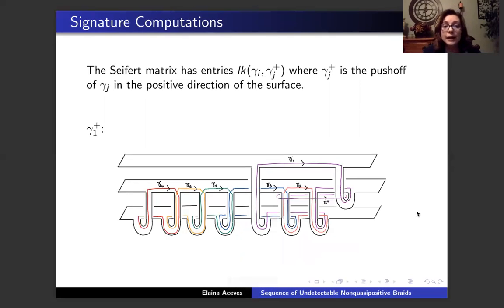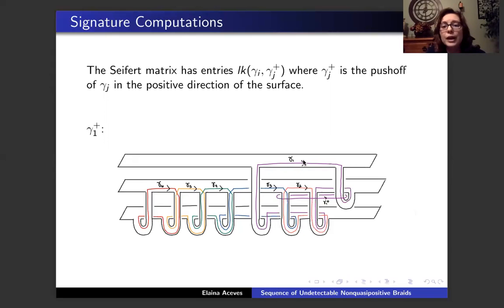To calculate the Seifert matrix, it has entries linking number of gamma_i and gamma_j plus. Plus means we are looking at the push-off of that curve in the positive direction of the surface. Given the surface that we have, I choose that the top of the disc that we're viewing from this angle is going to be the positive direction of the surface.